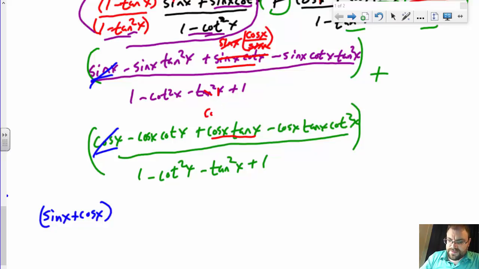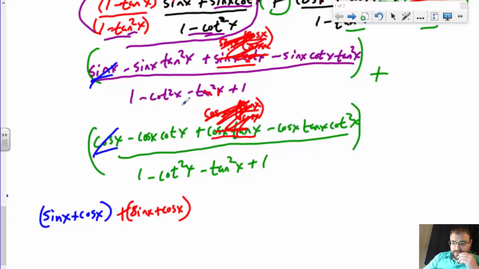Here I have cosine, and it's being multiplied by tangent, which is the same thing as sine over cosine. So this is kind of the same thing here. Cosine will cross out with cosine. So what I actually have again here is a cosine plus a sine. All right, so it's sine of x plus cosine of x again. All of this is accounted for, and all of this is accounted for.